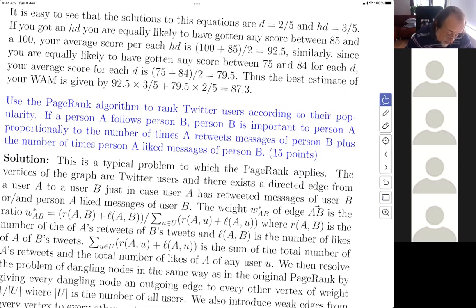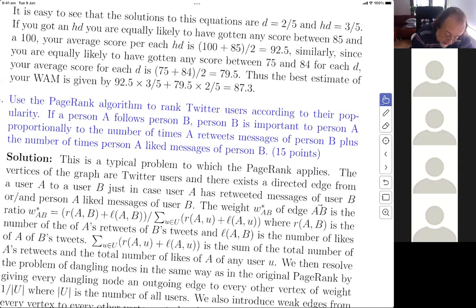But now you also, so these are global probabilities for you to get a distinction and the probability to get a high distinction. And you then use the feature that whenever you have a high distinction, all scores between 85 and 100 are equally likely. So the average score is 92.5. And similarly, whenever you get a distinction, all scores between 75 and 84 are equally likely.